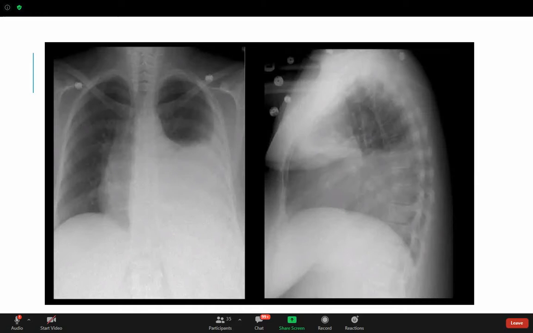Someone mentioned lung collapse. Okay, in a lung collapse, what do you expect from the trachea to be? Do you think it would be shifted to the left or to the right in this case?